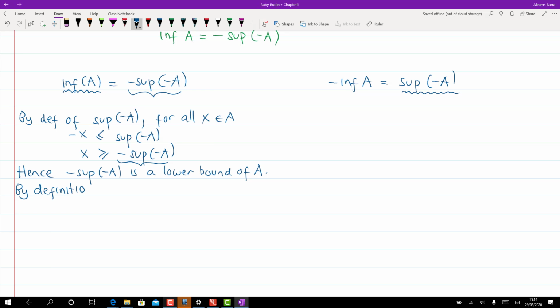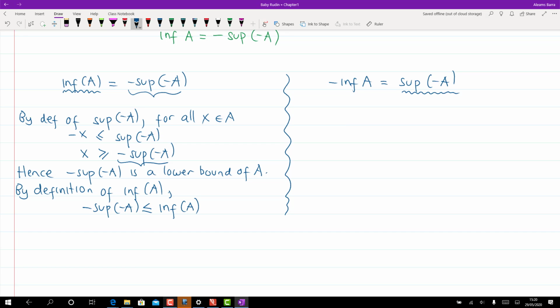And then by definition of infimum, which one is bigger: the minus supremum of minus A or the infimum? Remember that the infimum of A is the greatest lower bound. So if we have another lower bound, then that lower bound should be smaller. We have minus the supremum of minus A is less than or equal to the infimum of A. And we are hoping to get the other inequality from the right hand side.